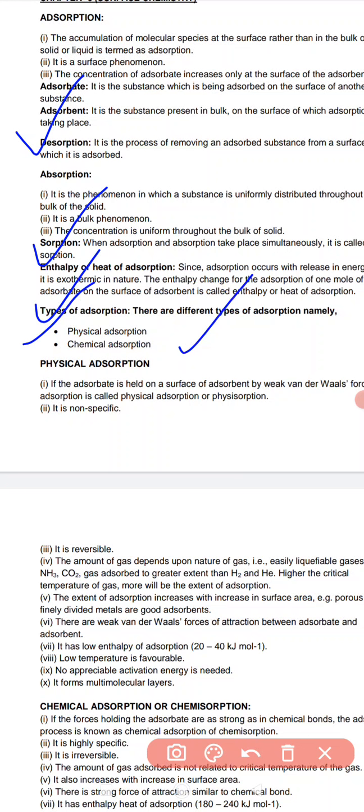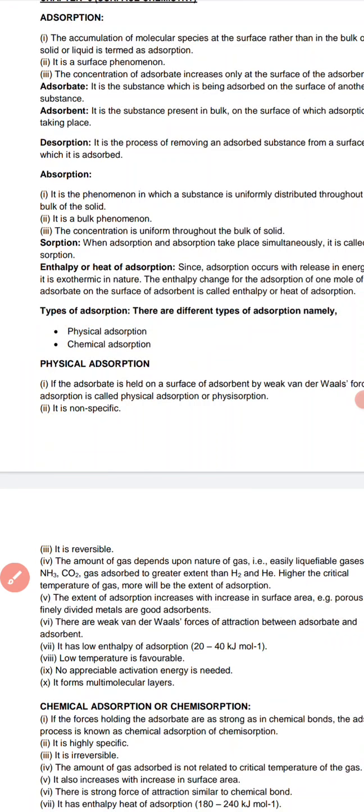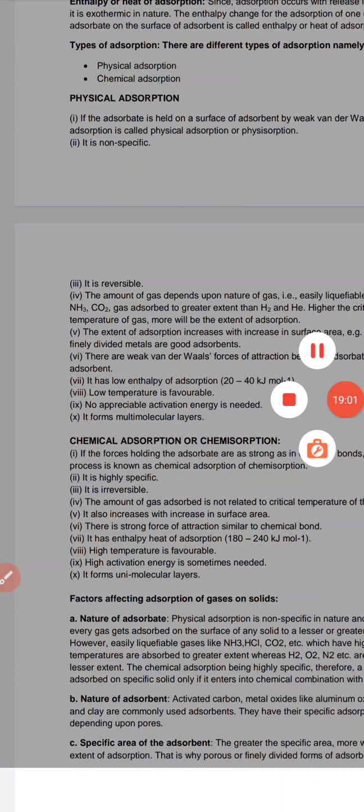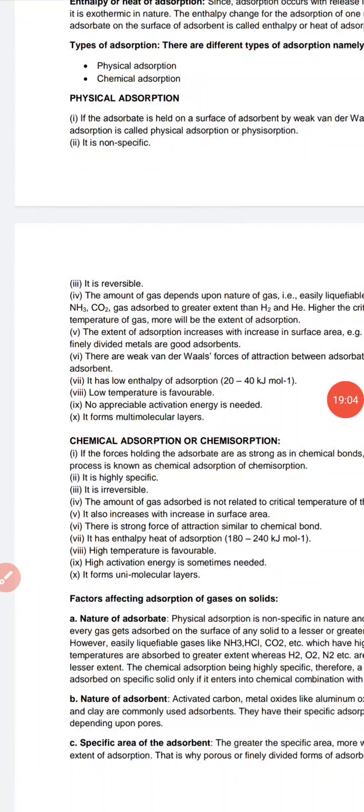After that, we discussed the properties of physical adsorption, then the important properties of chemical adsorption, and how physical and chemical adsorption vary. The basic differences between physical adsorption and chemical adsorption we have also discussed.